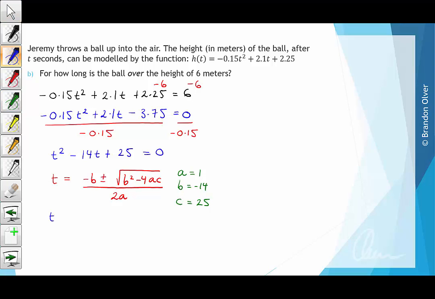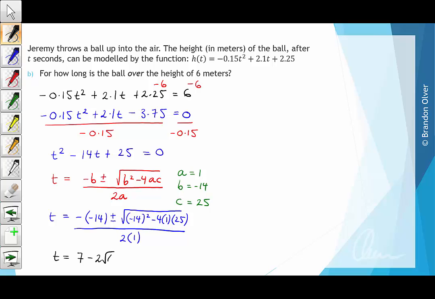So with that in mind, we have t is equal to negative 14 plus or minus the square root of negative 14 squared minus 4 times 1 times 25, all divided by 2 times 1. I'll let you do all the simplification on that, but you'll find that the values we get out are t is equal to 7 minus 2 root 6 and 7 plus 2 root 6.